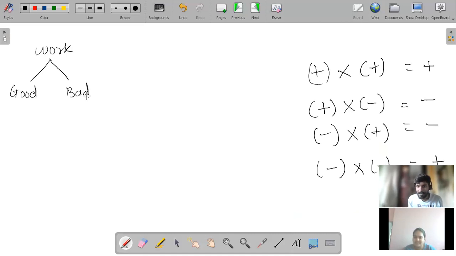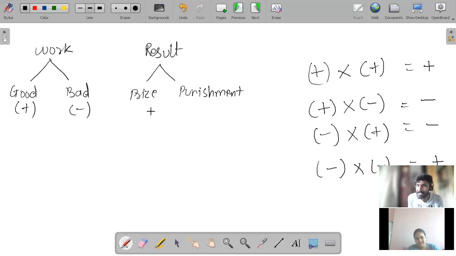As the name suggests, good means something positive, bad means something negative. Whenever you do some work, there will be some result. Good will give you good, and bad will give you bad. So what will good and bad give you? I'll come to that also. There will be some result for it. If you did a good work, you will get a prize. If you did a bad work, you will get a punishment.